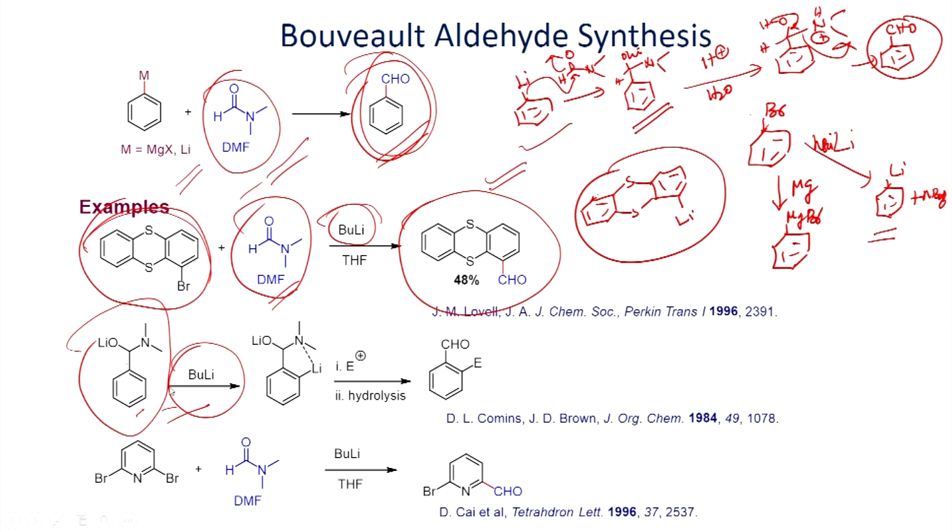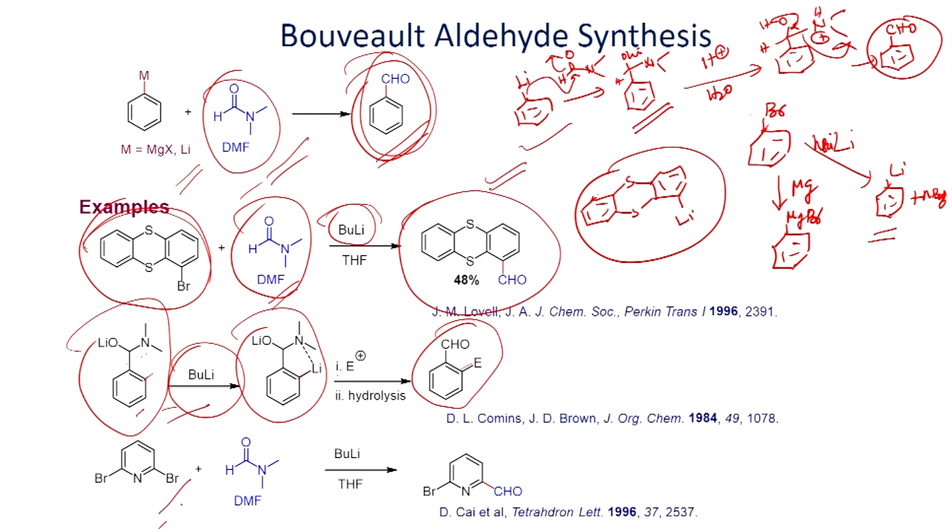If you remember, in the case of phenyllithium, we saw that the nitrogen can chelate and you can introduce ortho-lithiation. In a similar way, you can introduce lithium in the ortho position here. Once we have this, you can react with an electrophile, as we have seen. Following that, when you do the workup, you get this aldehyde which contains a substituent in the ortho position.